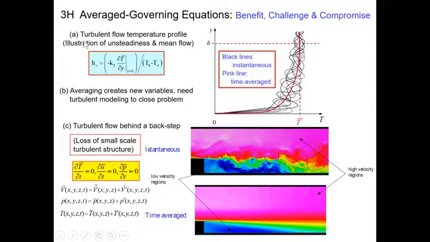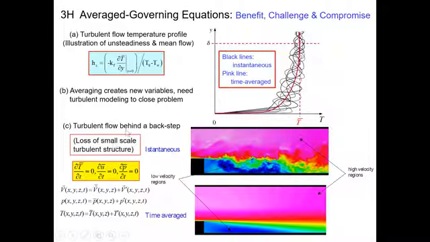The benefit of using the averaged governing equation is we can solve for the mean temperature profile, then get our heat transfer coefficient to reach our ultimate goal. The challenge is that when we do the averaging, it creates new variables, so we need turbulence modeling to close the problem.